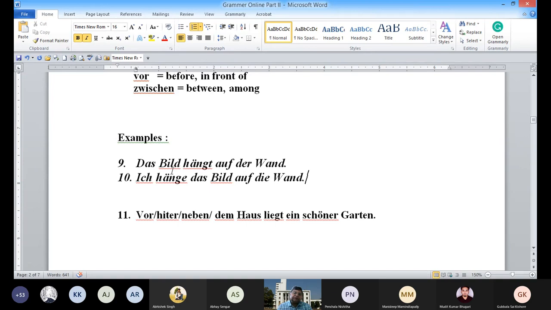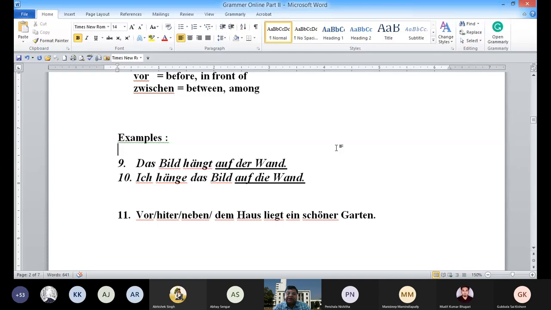So let me start from the bottom one. Ich hänge das Bild auf die Wand. Concentrate on this one. In the first sentence, it is auf der Wand, and in the second sentence, auf die Wand.